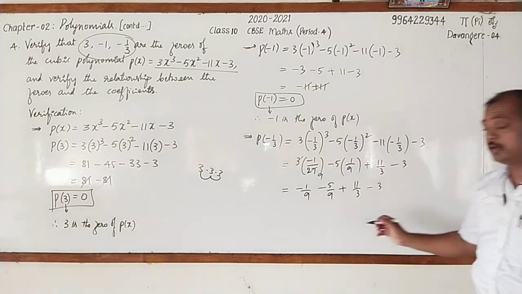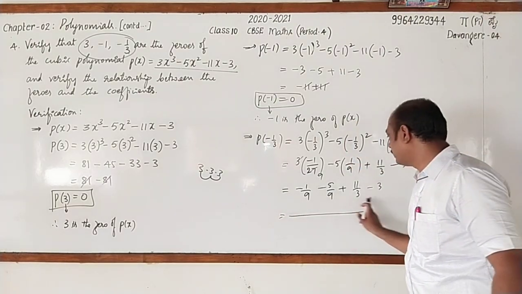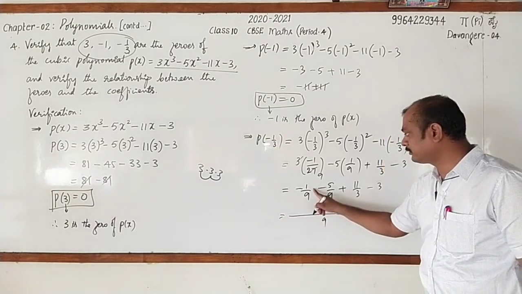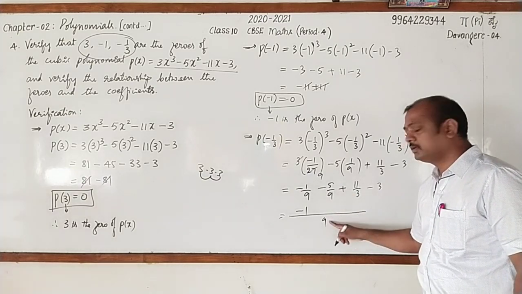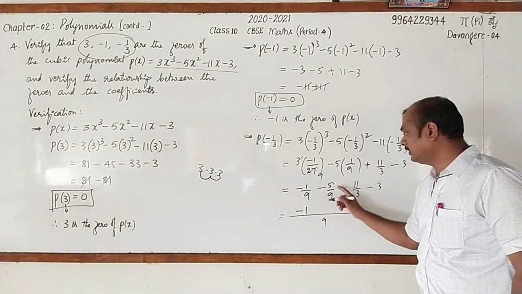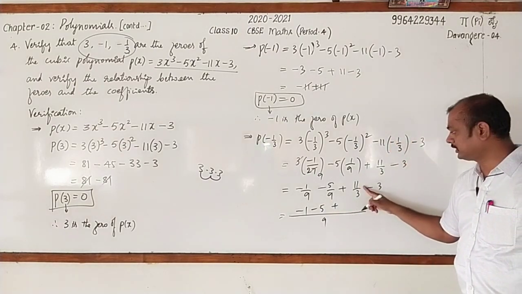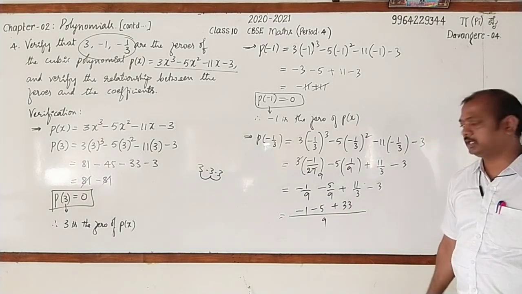Now, let's go for taking the LCM. What is the LCM? The LCM of all the denominators is 9. Multiply the LCM with the first term. Get cancelled, minus 1. Multiply the LCM 9 with the second term. 9 9 get cancelled, minus 5. Multiply 9 with the third term. 3 1s are, 3 3s are, 11 3s are 33.